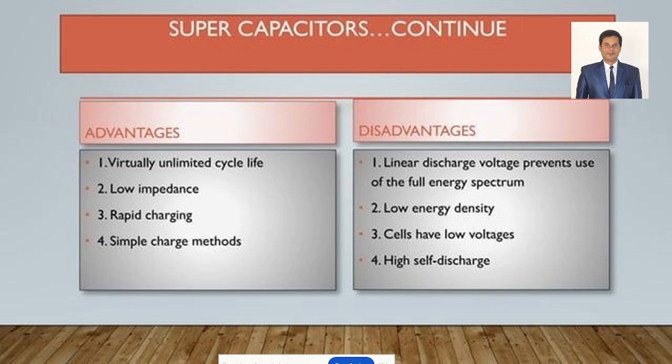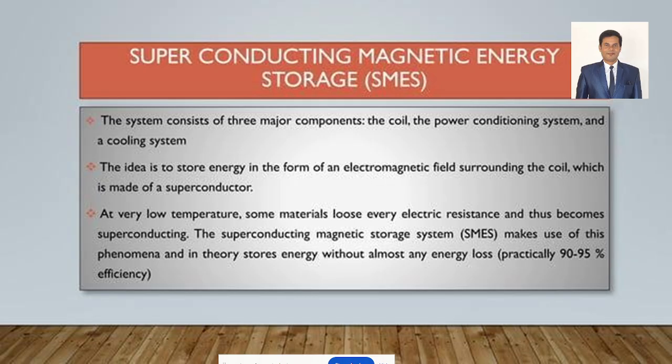So those are the drawbacks. It will discharge very quickly. If you connect to any device, it will discharge very quickly. That's why we have to think about linear discharge. The voltage prevents the use of the full energy spectrum, so we have to think about how linear discharge can happen.